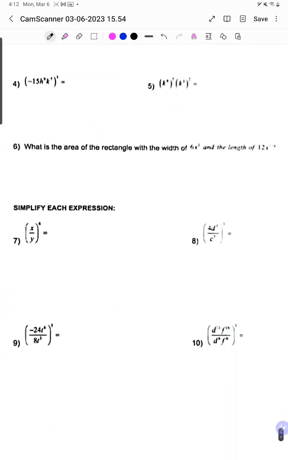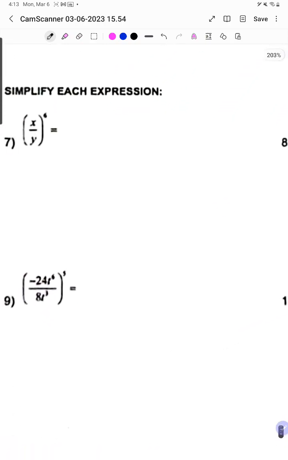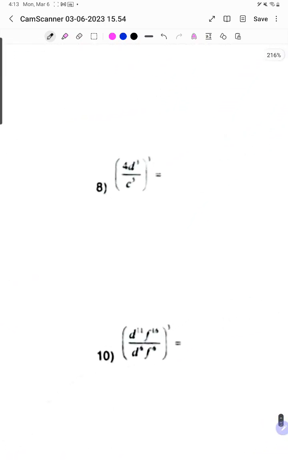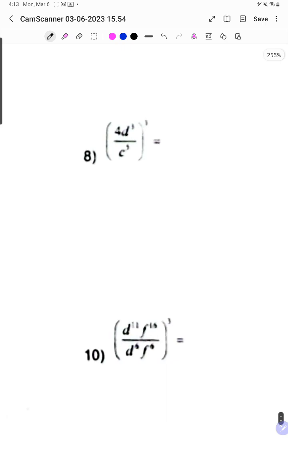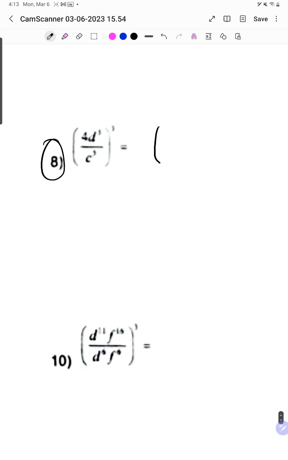I want you guys to flip to the back, and I want you to try number 8. Okay, I'm going to rewrite number 8 because it didn't print off super well on mine. So this is going to be 4d cubed divided by c to the 5th, cubed.